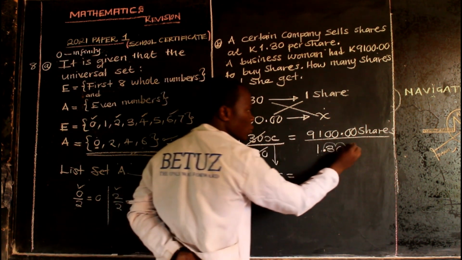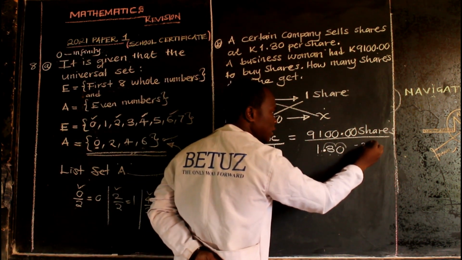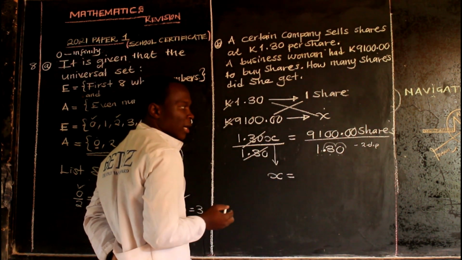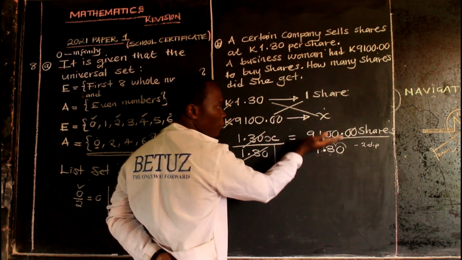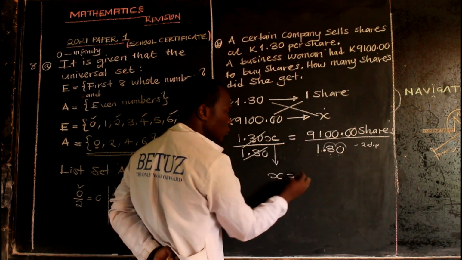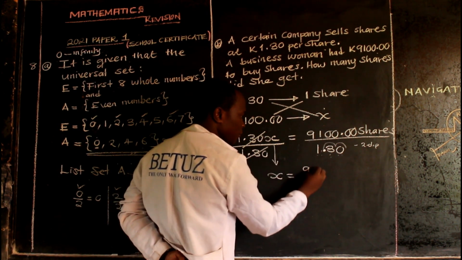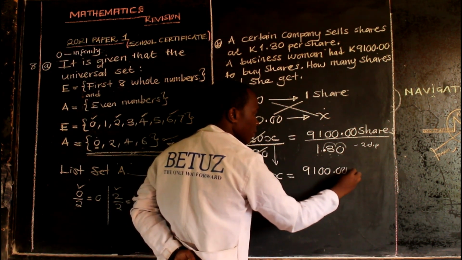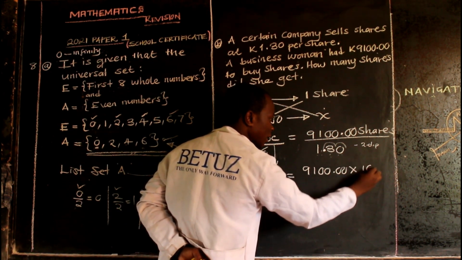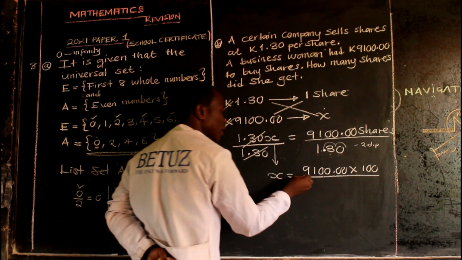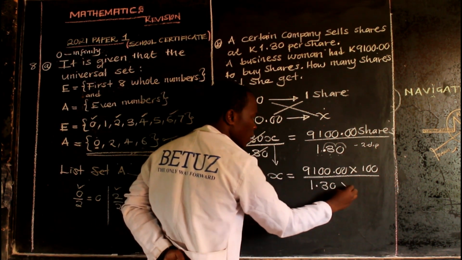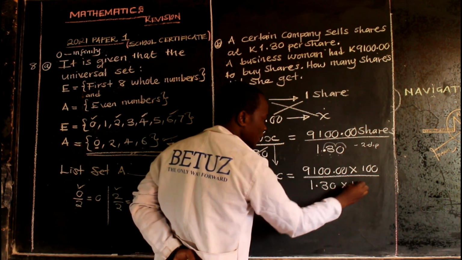Take note. So 2 decimal places. So we're going to multiply these two by 100. We say 9,100 multiplied by 100 over 1.30 multiplied by 100 as well.